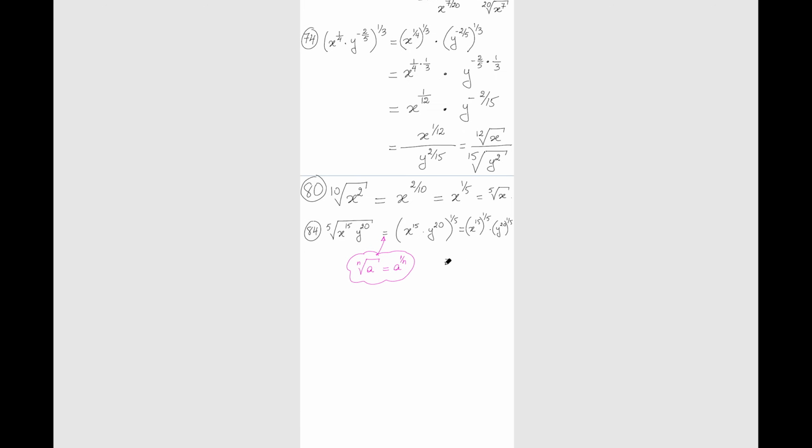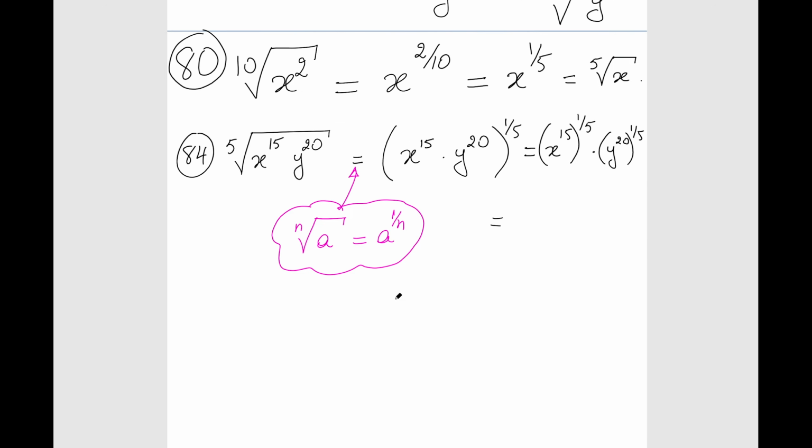We keep that base and we multiply the powers. So I'm going to have x to power 15 times 1/5, which is 15 over 5, times y to power 20 times 1 over 5, which means y to power 20 over 5. 15 divided by 5 is 3, and 20 divided by 5 is 4. So we get x cubed times y to power 4.